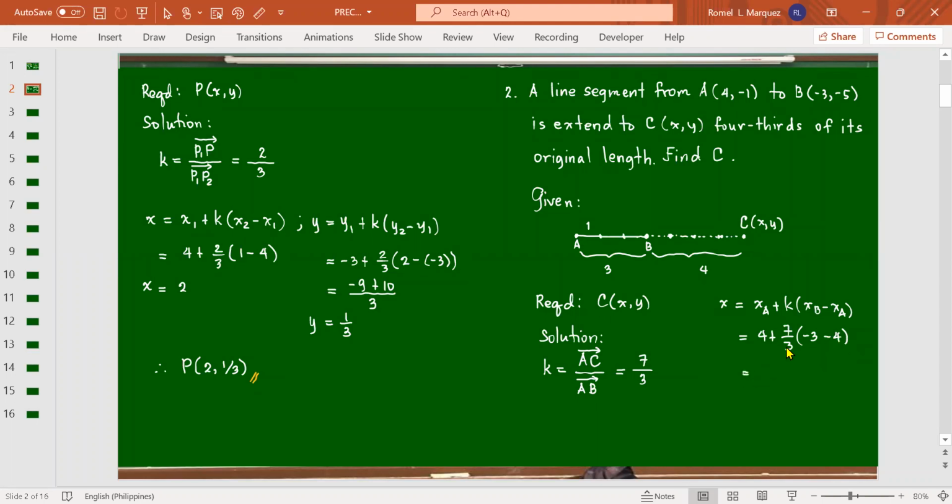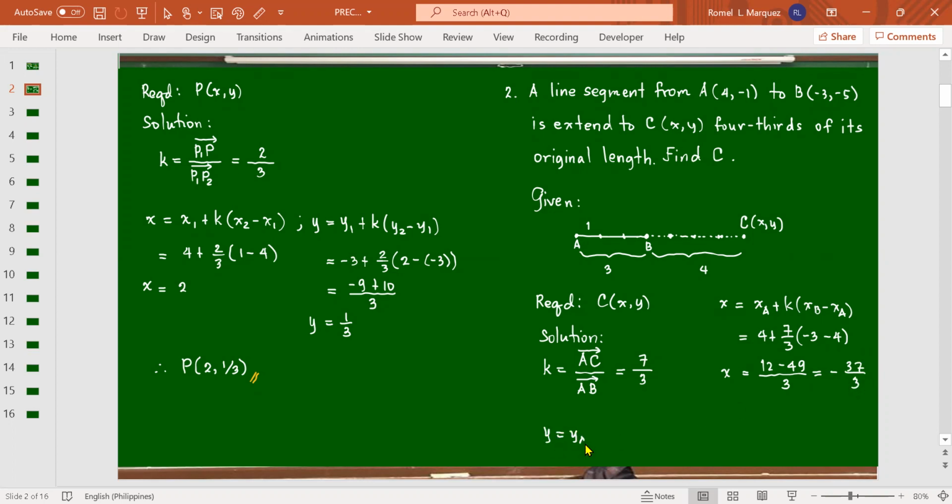So getting 3 times 4 is 12, then minus 7 times 7 is 49, no? So all over 3. Am I right, guys? What's the value? Could you please help me compute the value? Negative 37/3.